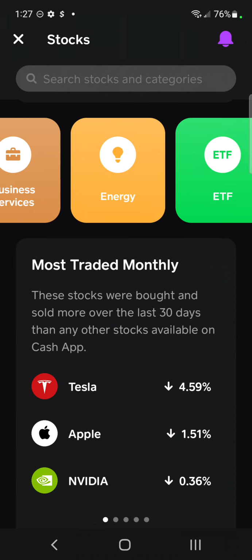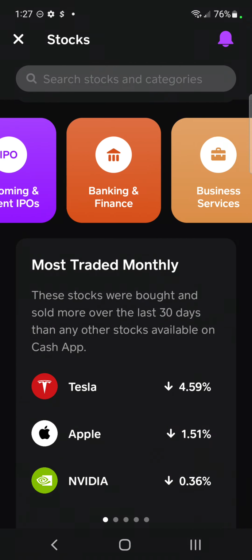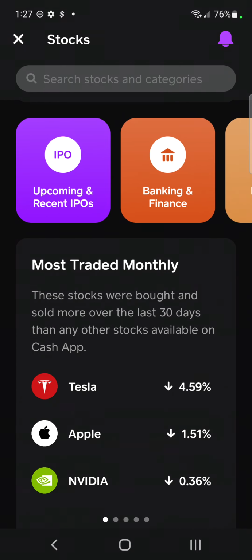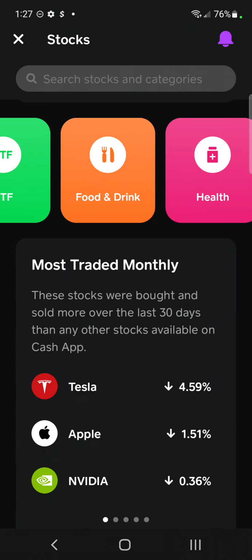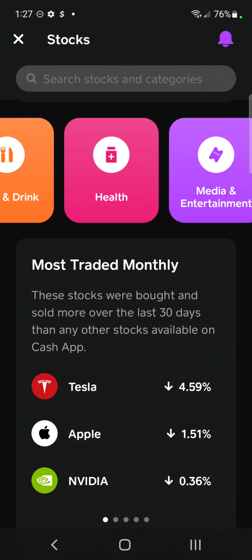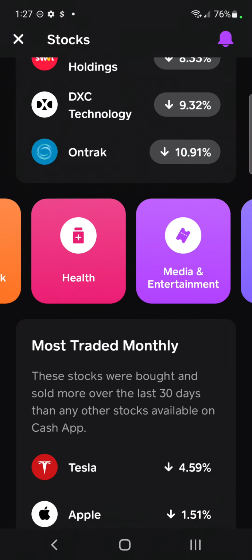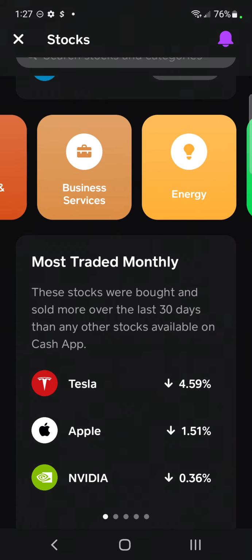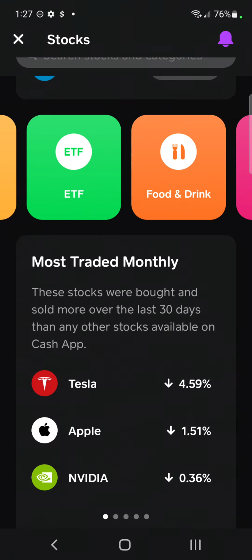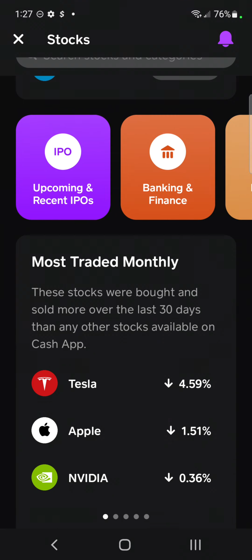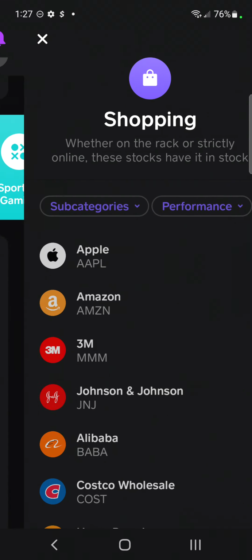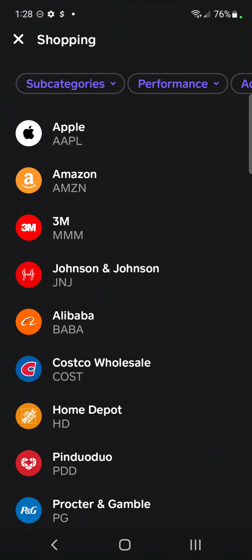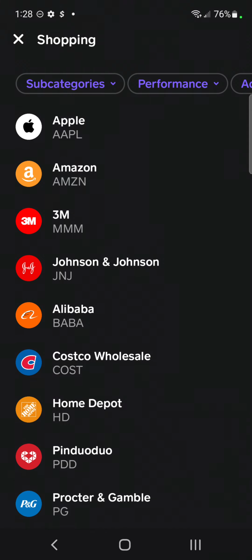So you have your different areas of the market: banking and finance, business, energy, ETFs, food and drink, your restaurants, health, media. I'm just going to pick one of them, because you can look at these things yourself. Let's go into shopping. You're going to see some of these stocks in different categories because they cover a broad spectrum.